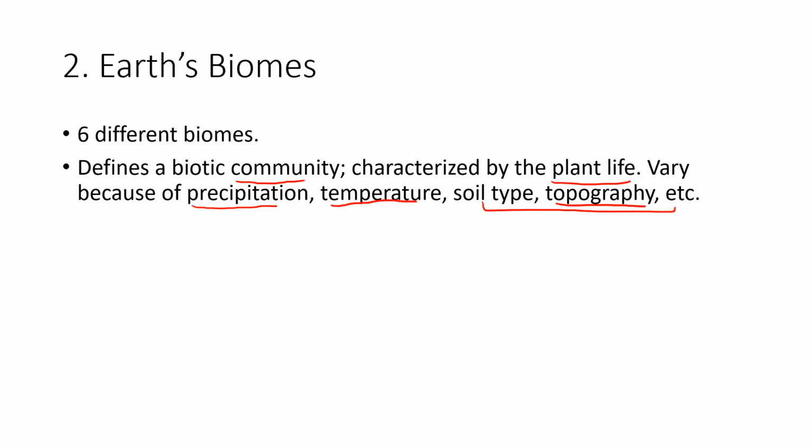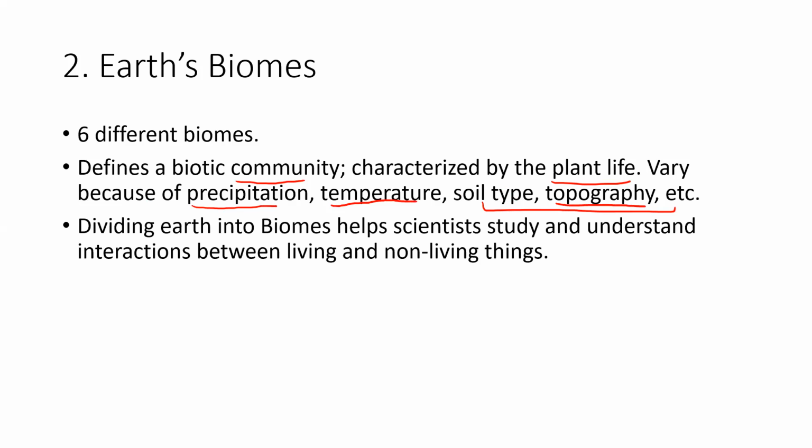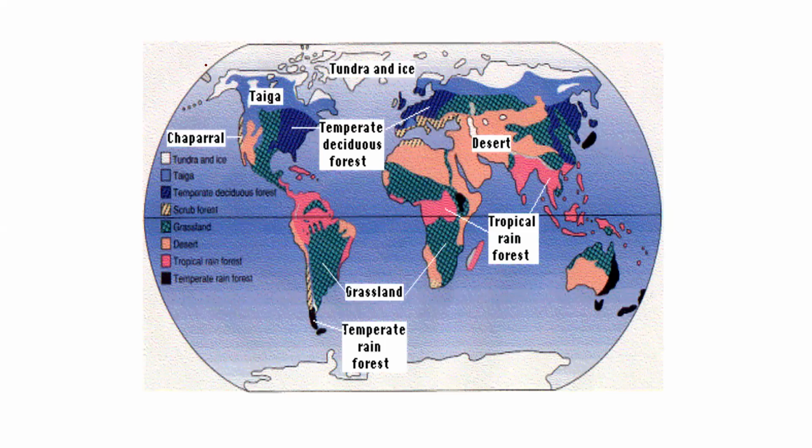Dividing Earth into biomes helps scientists study and understand interactions between living and non-living. The ones that we're going to look at are the tundra, taiga, chaparral, temperate, tropical, and grasslands.